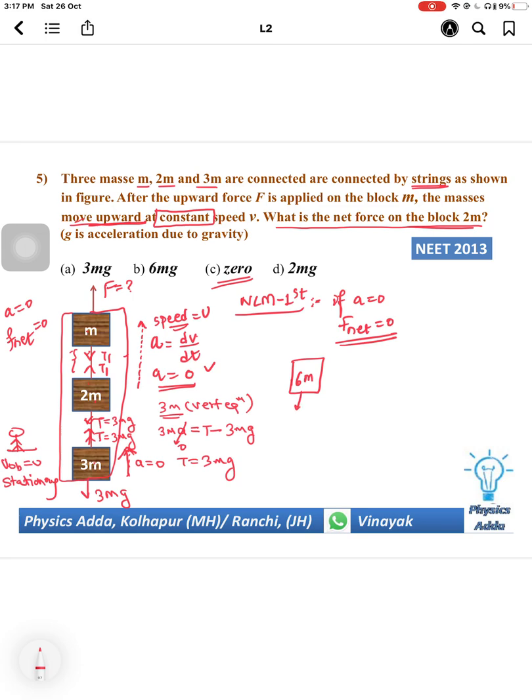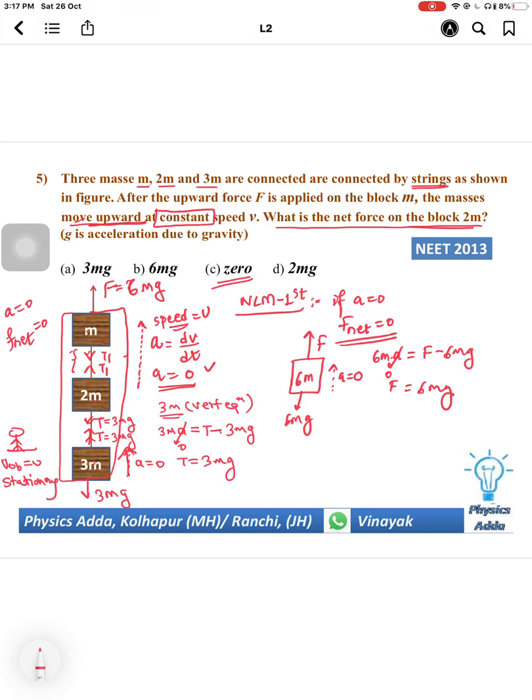So the downward force will be 6 mg, and this is F, the applied force upward. The motion is upward with constant speed, so a is equal to 0. So 6m into a, which is 0, is equal to force in the direction of motion minus 6 mg. So this F will be 6 mg.